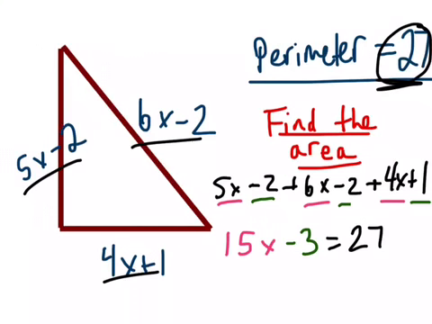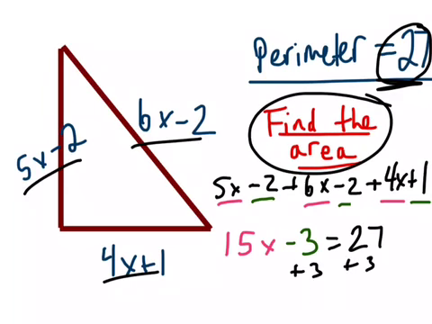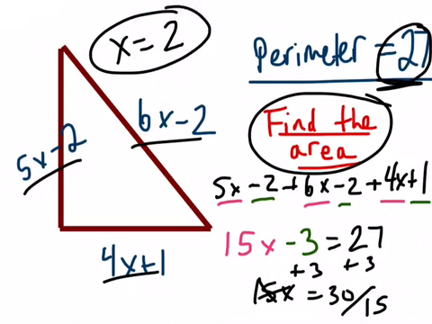So we can actually find x, and using x we'll be able to find some more information to help us find the area here. So add 3, 15x equals 30. If we divide by 15 to get rid of that 15, we find that x equals 2. Now, again, this isn't the area, but this is just x. But what this will do is allow us to actually find the dimensions of this triangle.